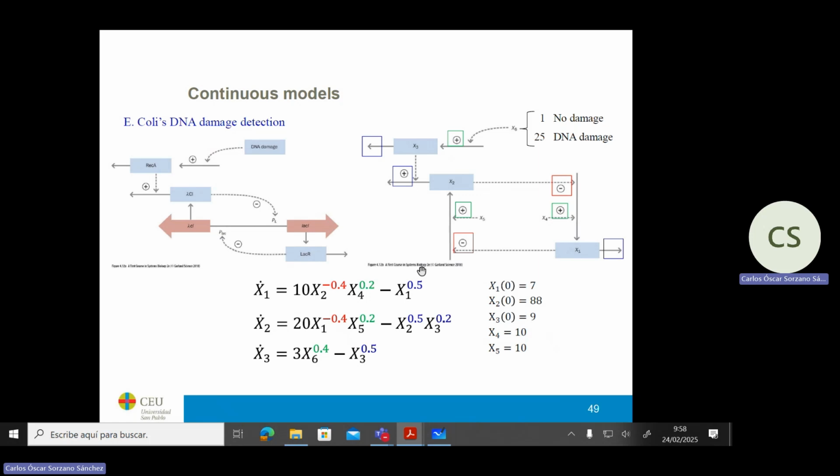And once you have the coefficients, making a simulation is very easy. You start with some initial conditions. X4 and X5 have been taken as constants, so we have not included how X4 and X5 evolve over time. And then you simply simulate this.